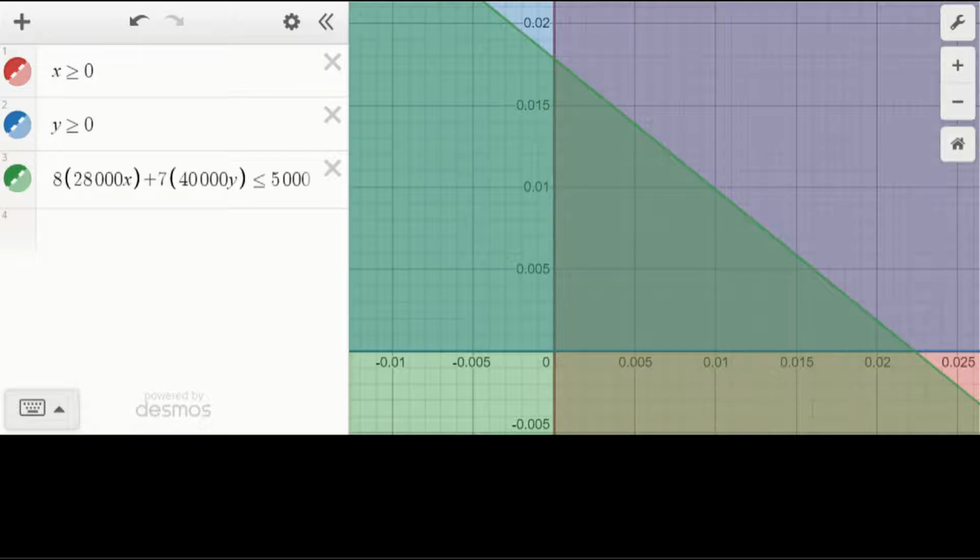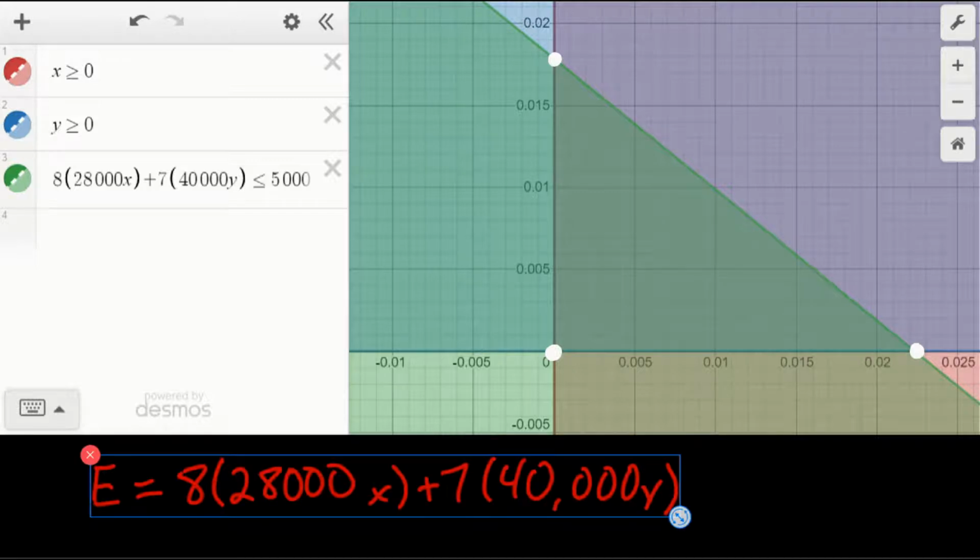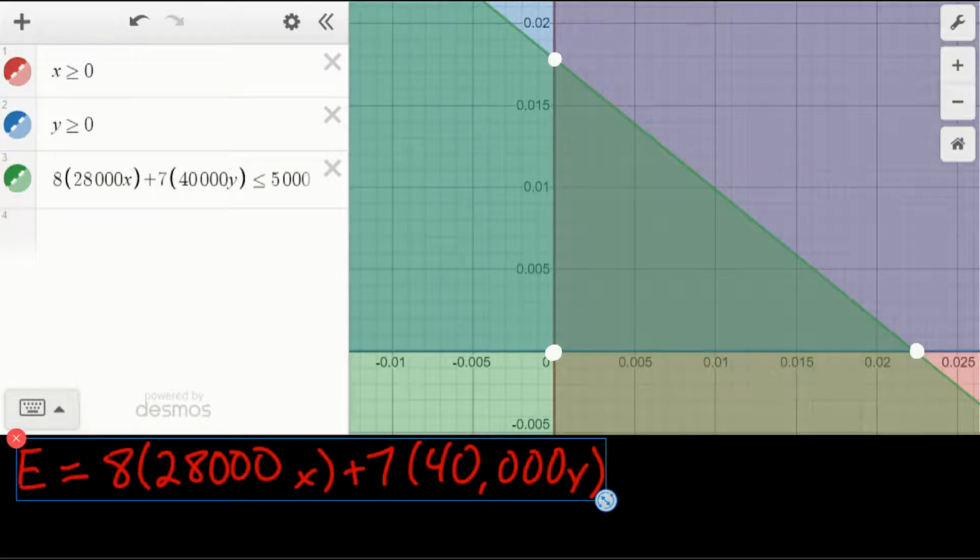So we have a few points to look at here. Here's 0, 0. We're not sure exactly what these 2 points are. We would have to find those exact values and plug them into our equation, the one we need to minimize, which is this right here. So we have those 3 points.